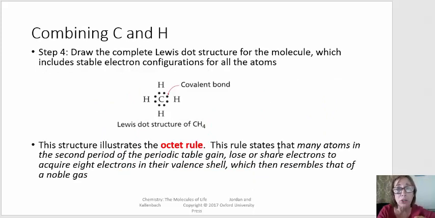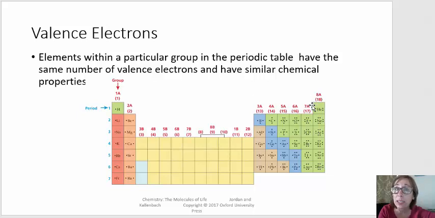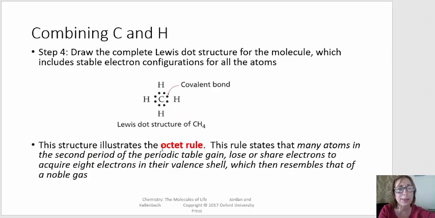So carbon, nitrogen, oxygen, and fluorine always follow the octet rule. Hydrogen can never follow the octet rule. It can only accept 2 electrons. So once hydrogen has 2 electrons, like helium, it's happy. Carbon will always react in such a way so that it has 8 total valence electrons.